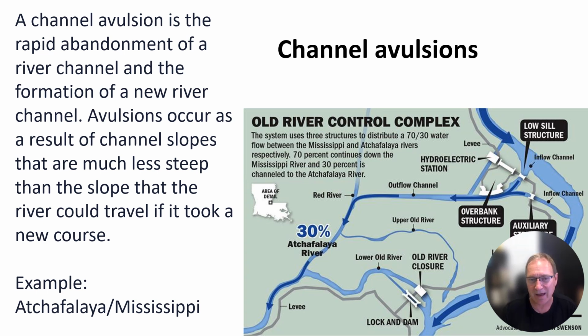If the river ever redirected itself into the Atchafalaya, it would be very, very difficult to redirect that water flow from the Mississippi back into what today is the current path of the Mississippi River.